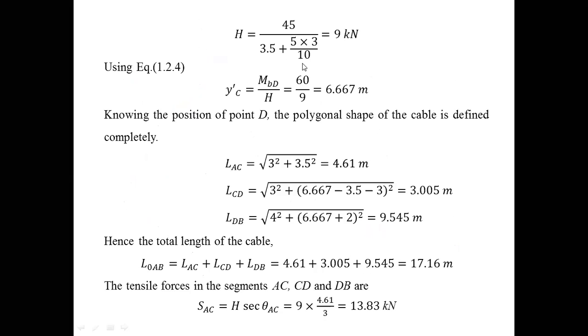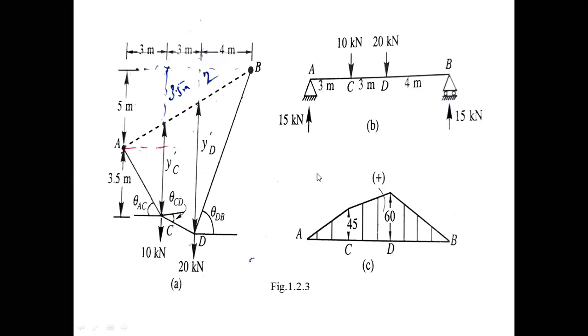H is equal to M_C by y'_C. Let us use the similar triangle concept here. All of you follow my cursor. From C up to this point is known, 3.5.